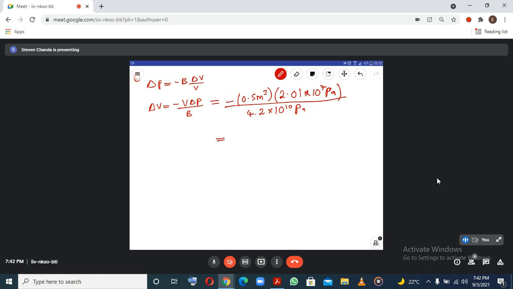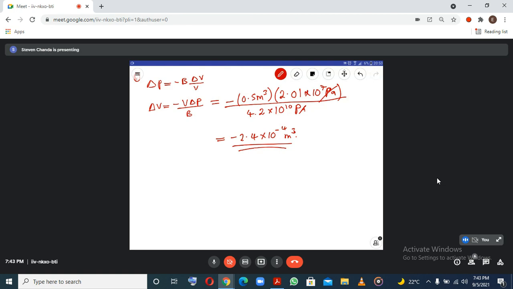So what are we having? We are having minus 2.4 times 10 to the power minus 4 meter cubed, as the pascals cancel. What this tells us is that if the change is negative, there was a compression, a reduction in the volume.